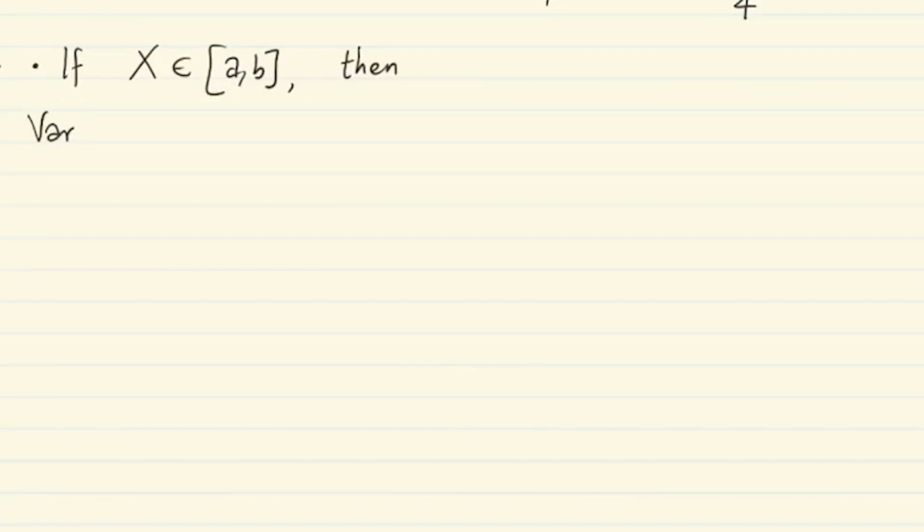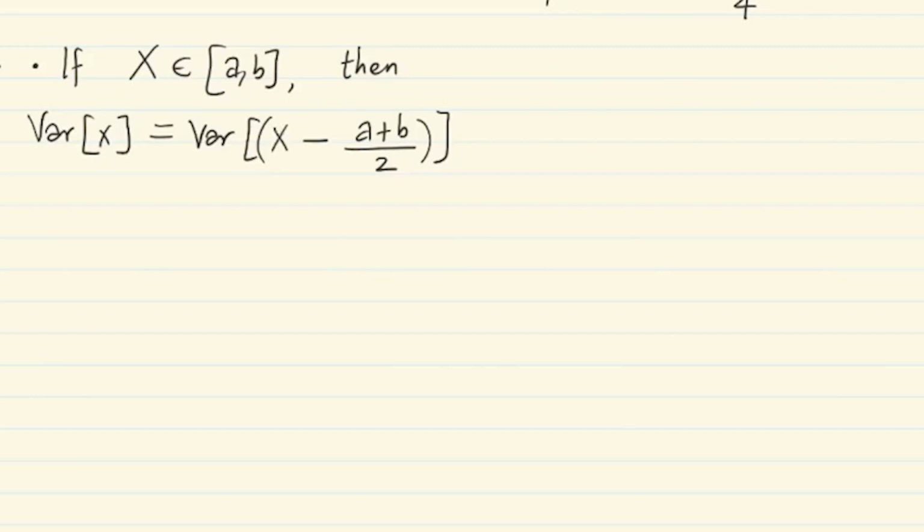So the variance of X is the same as the variance of X minus the midpoint of a and b. Okay, subtracting a constant does not change the variance, and the variance is upper bounded by the second moment, because the variance is equal to the second moment minus the square of the first moment. So this is at most expected value of (X minus (a plus b) by 2) the whole square.